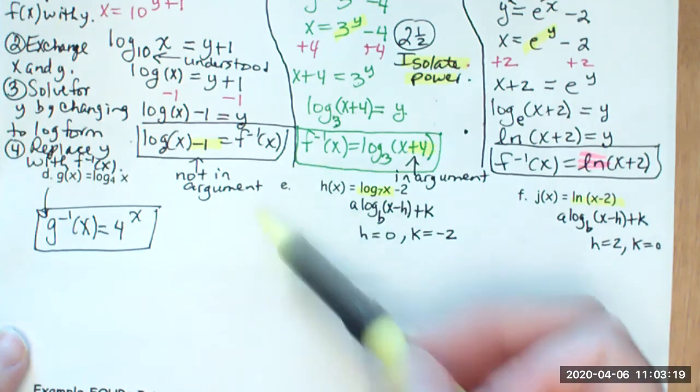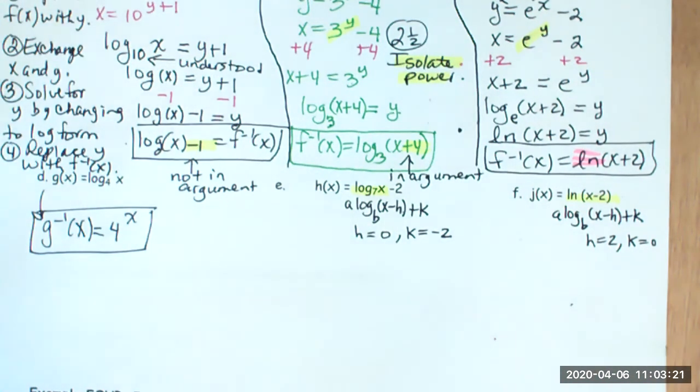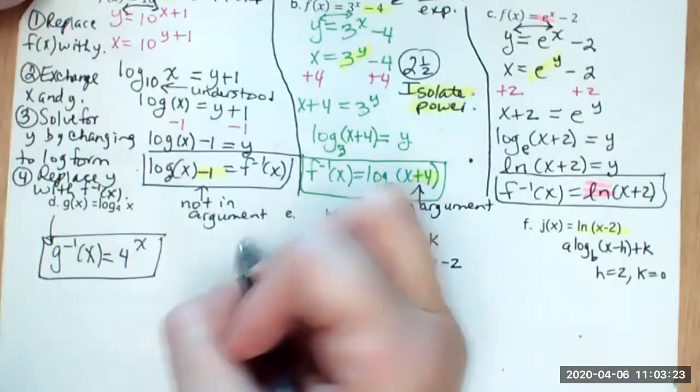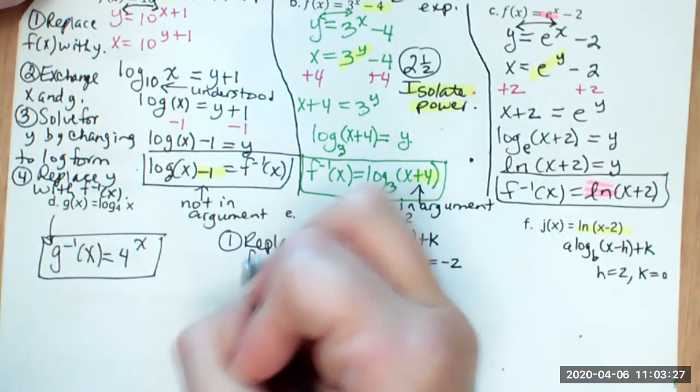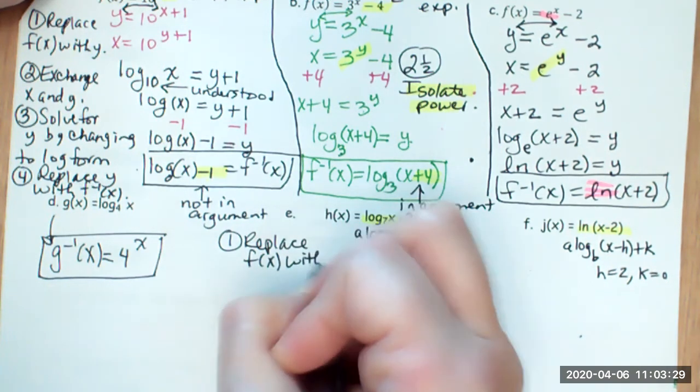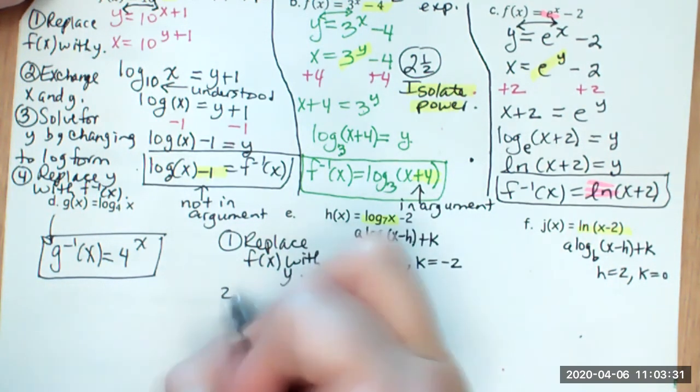So I think I'll just repeat those steps here to make sure that we're clear on what's going on. We're going to replace f of x with y. We'll exchange x and y.